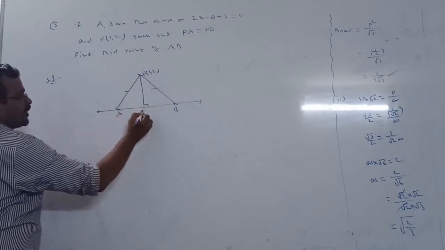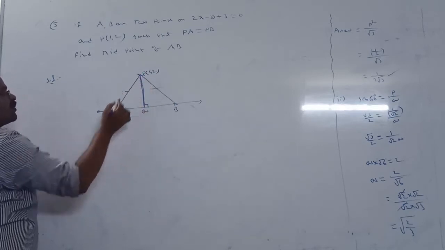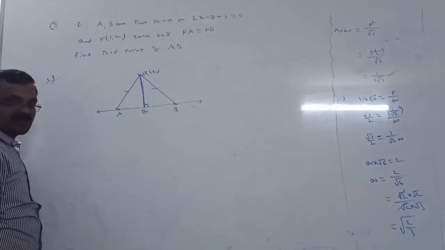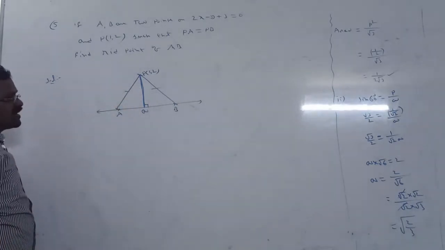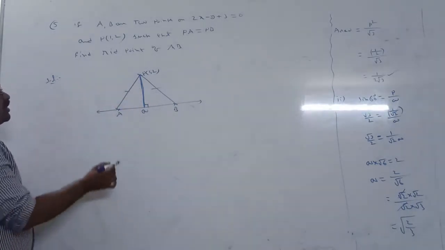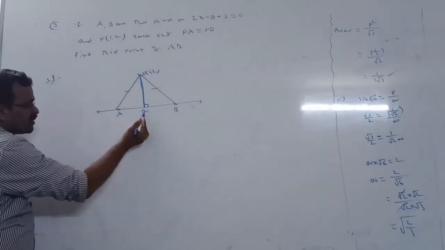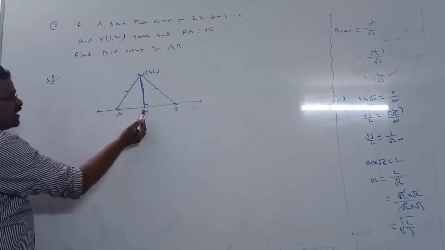Obviously here PQ is the length of the altitude as well as the median and the internal angular bisector also. So according to the logic, Q is nothing but the midpoint of AB.